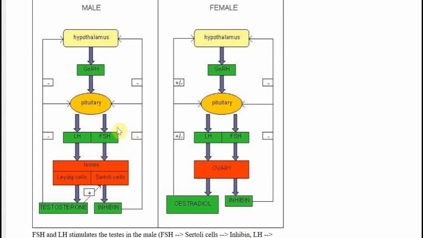It goes back as a feedback loop to inhibit FSH release. And for the pituitary, the LH in males stimulates the Leydig cells to produce testosterone, and in the female, the LH stimulates the ovaries to produce estradiol.